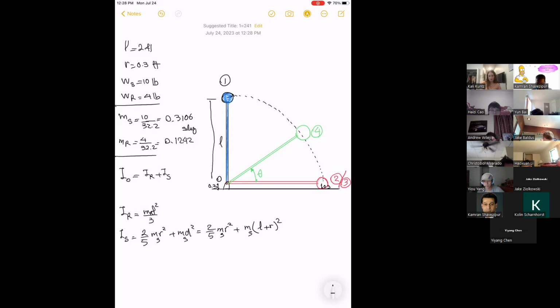If you put all the values, I'm not going to go through the numbers, you can check it later. You're going to get 1.8197 slug-feet squared. So this is your I about O, the whole thing. I about O will be 1.8197 slug-feet squared. We need this for multiple purposes. Okay, did you guys write this?